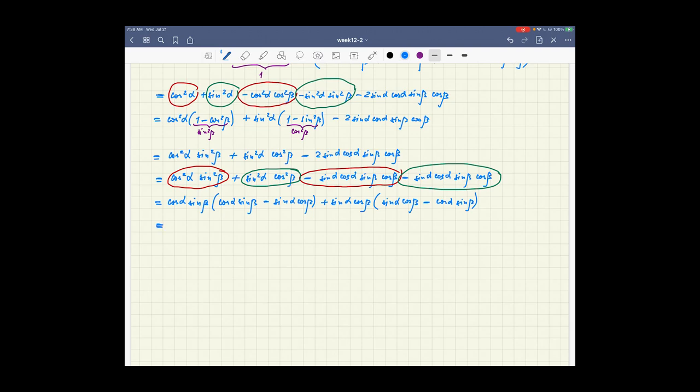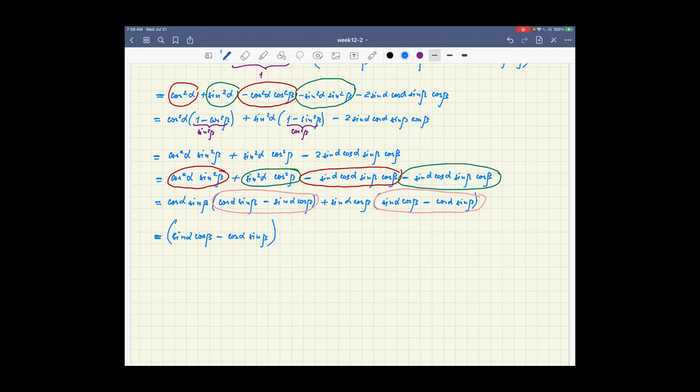Now, interestingly enough, the expressions in parentheses are only different by a sign. So I can factor them out.